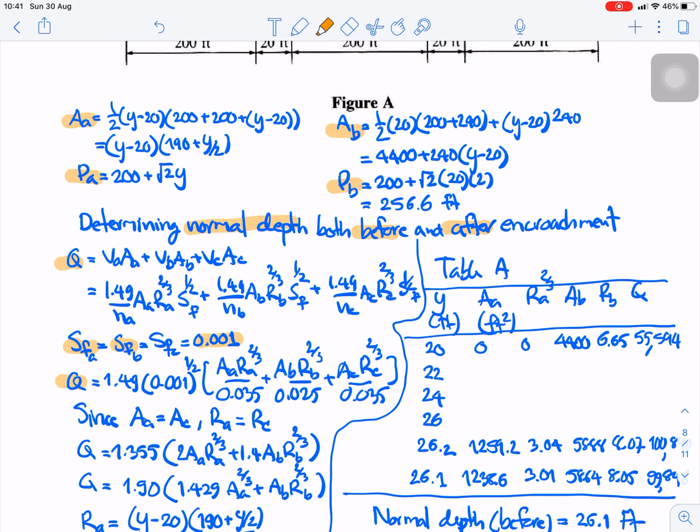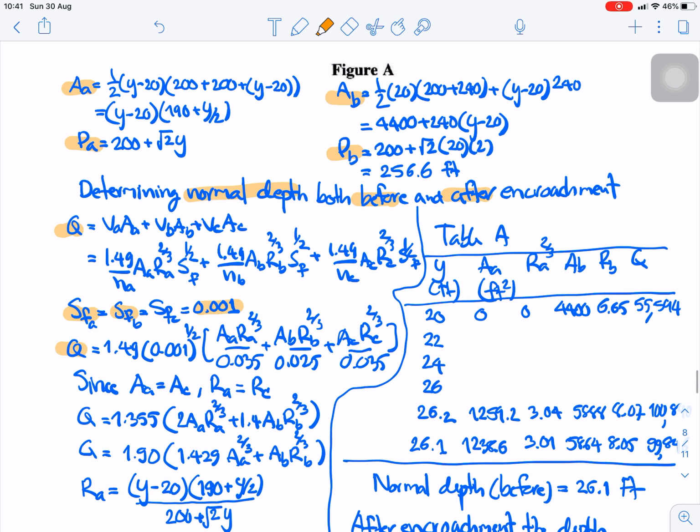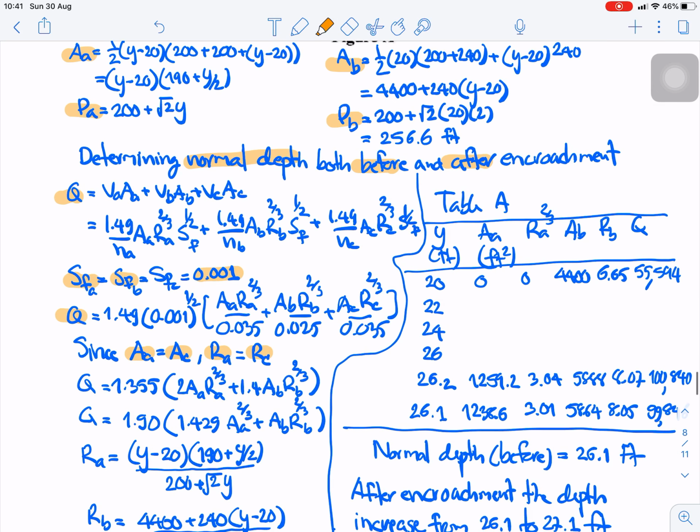Next, we substitute the parameters in the equation of Q. Since areas A and C are equal, we can assume that the area and hydraulic radius of part A and part C are the same.